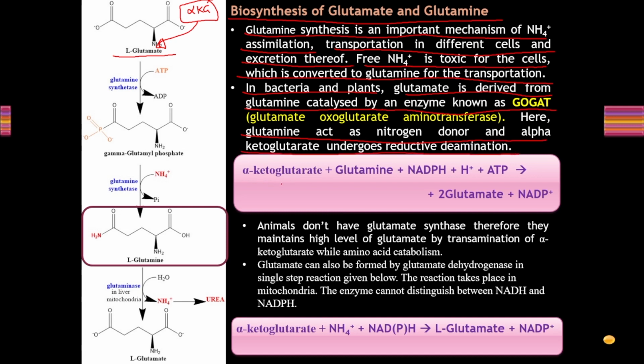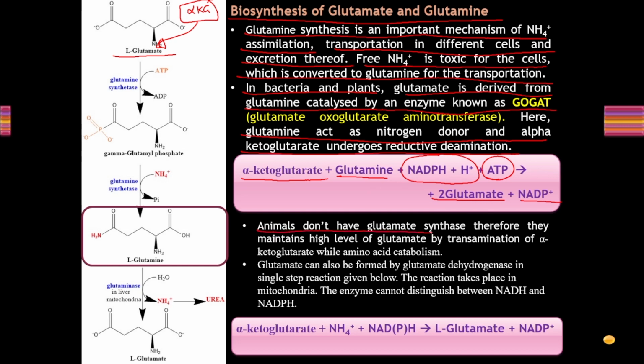The reaction catalyzed is alpha ketoglutarate plus glutamine gives glutamate plus NAD plus, and it uses reducing equivalents as well as energy in terms of ATP. So from glutamine, this is how glutamate is synthesized.